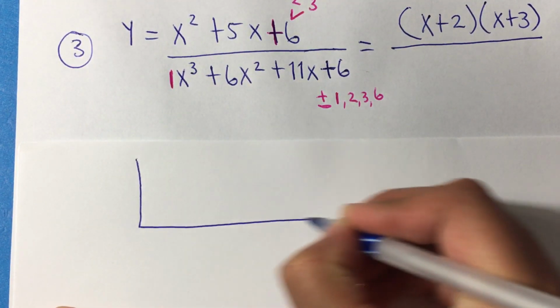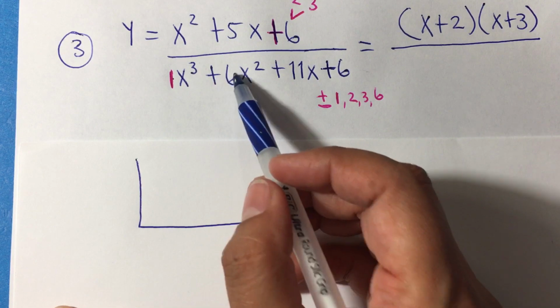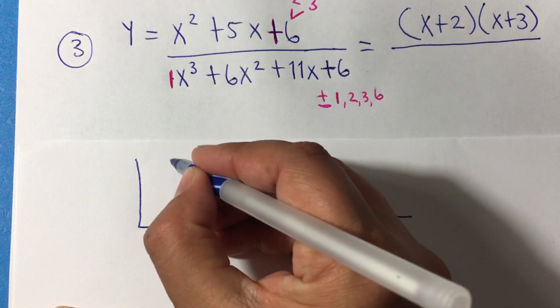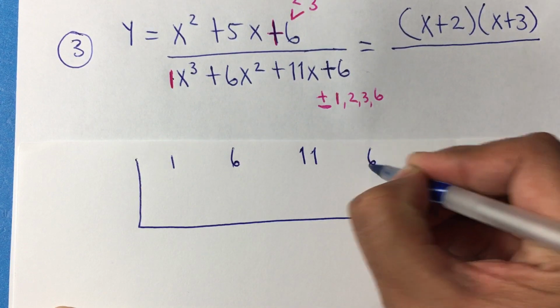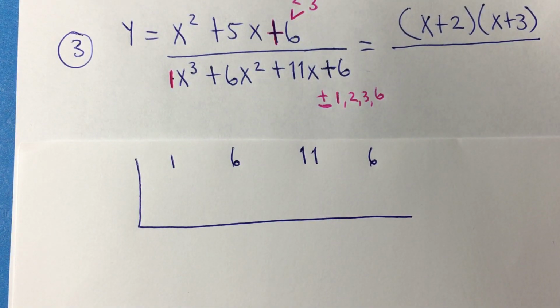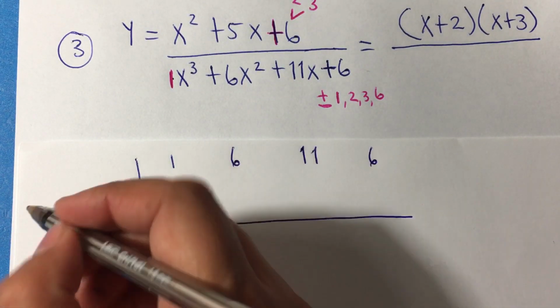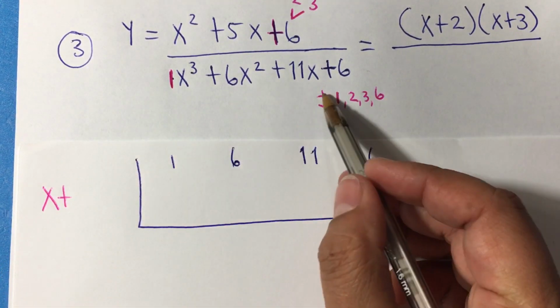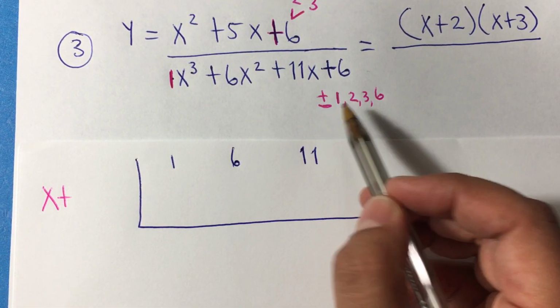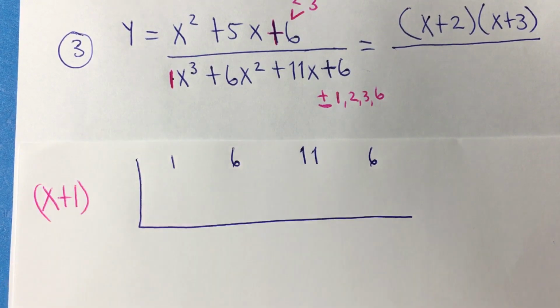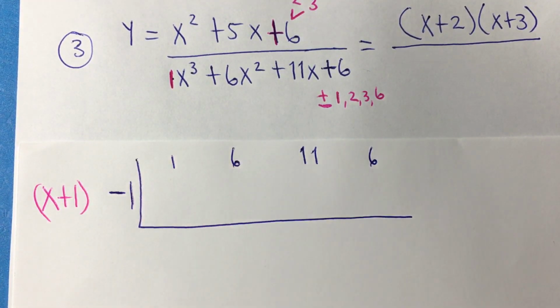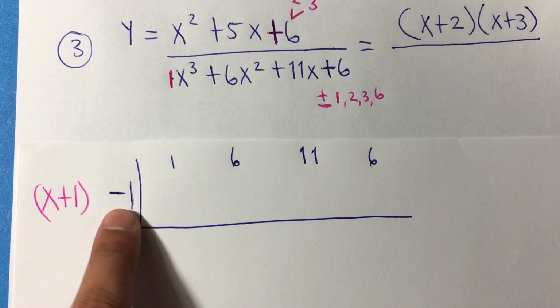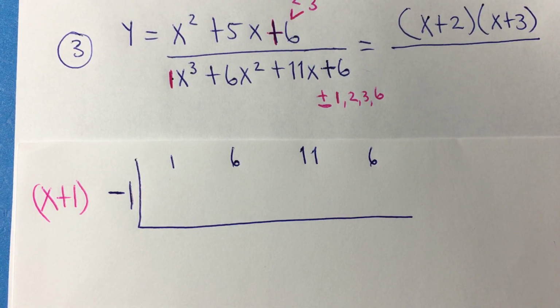And so for synthetic division, you put the coefficients and constant. So 1, 6, 11, and 6. And so the first one that we're going to try is x plus 1. To have that, I'm going to put the opposite of plus 1, so it's going to be negative 1.